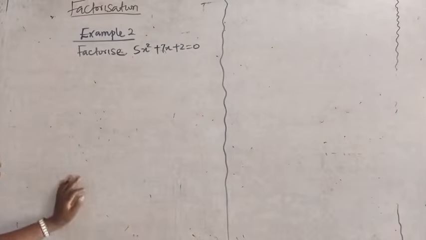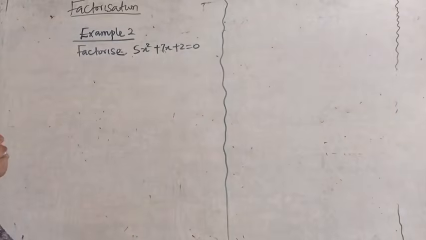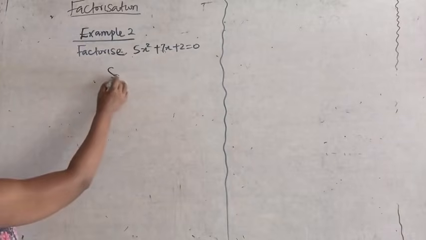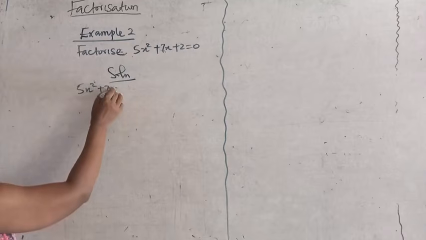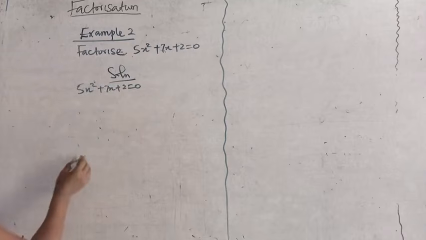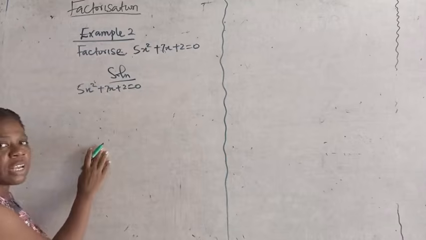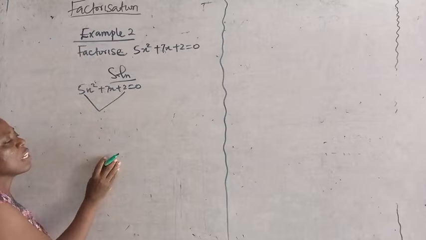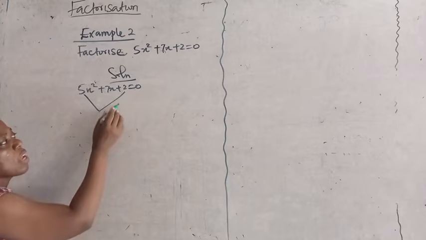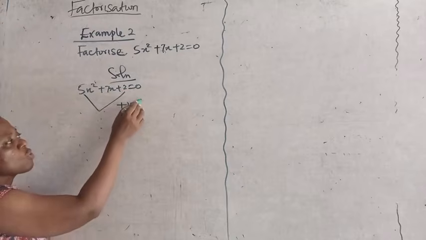Let's check example 2. We are having 5x squared plus 7x plus 2 equals 0. Exactly the way we solved example 1, we bring the first and the last one, the coefficient of x squared and the constant, and that gives us 10x squared.